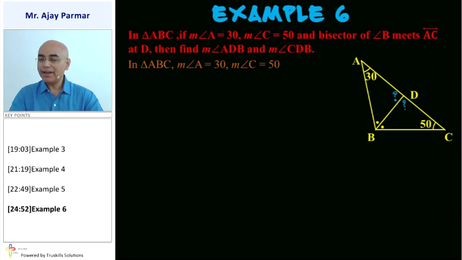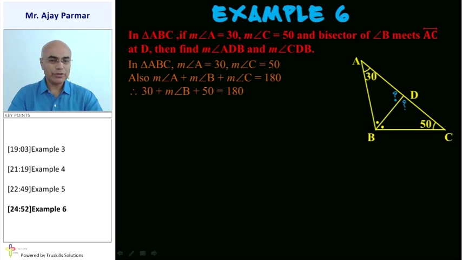Now measure angle A and measure angle C are given to be 30 and 50 respectively. And also sum of all the angles is how much? 180. So substituting the values, 30 plus measure angle B plus 50 is 180. So measure angle B is going to be 180 minus 80, that is 100. So we found out that whole measure angle B is nothing but 100.